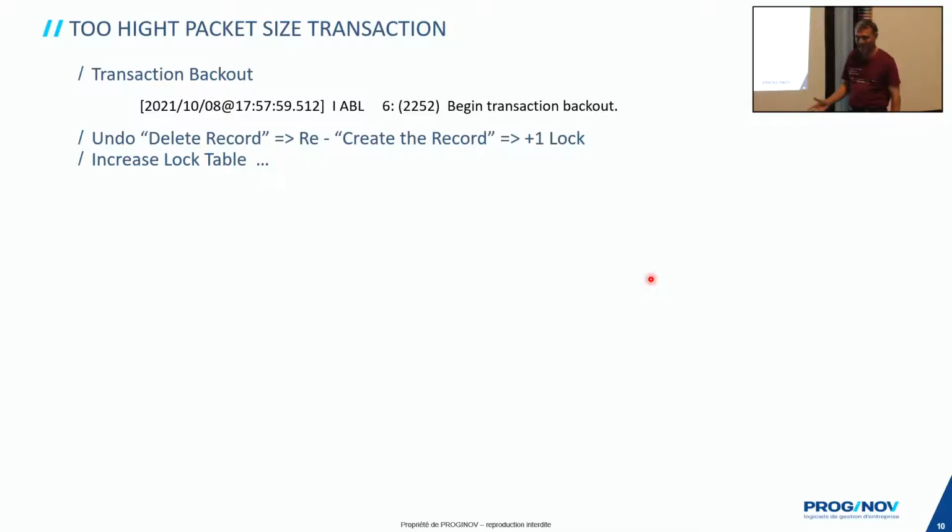So you can have this. When you undo a delete, you will recreate the record and put a lock on this table. So if you delete more records than -L, crash. Well, not immediately a crash. There is an increase of the lock table.